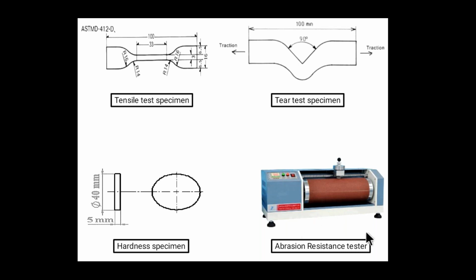For abrasion resistance, more than 6 mm thickness should be there. Here, 5 mm thickness for hardness, and 2.5 mm thickness for the tensile and the tear.